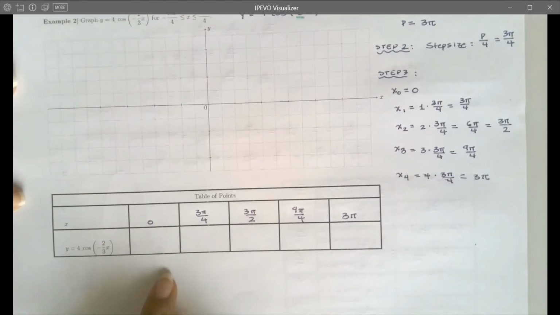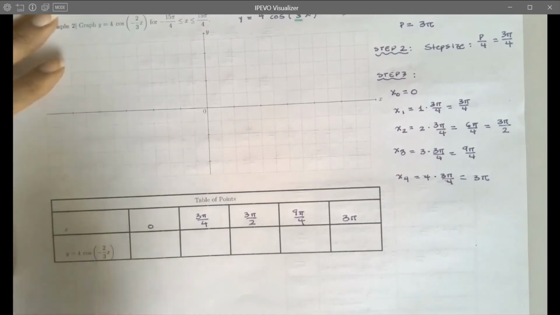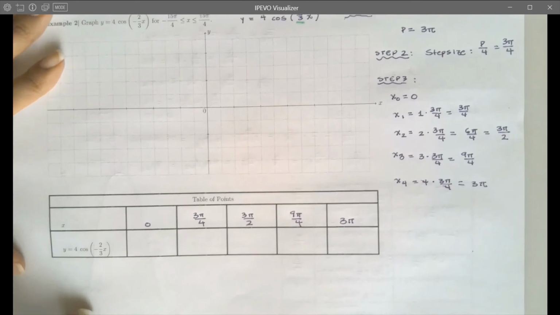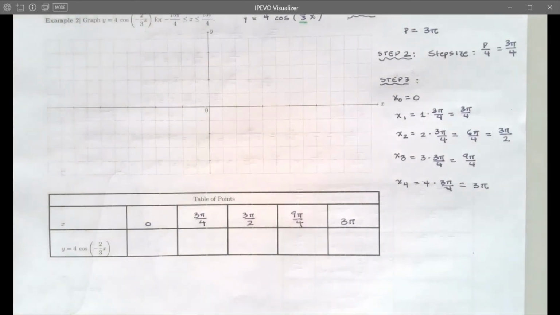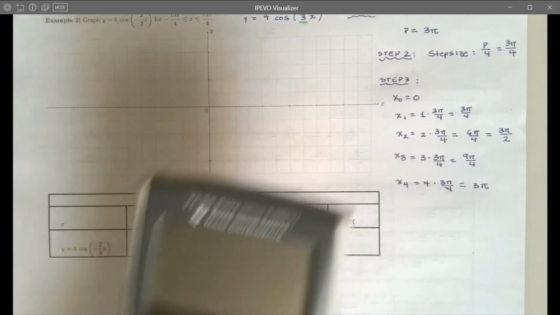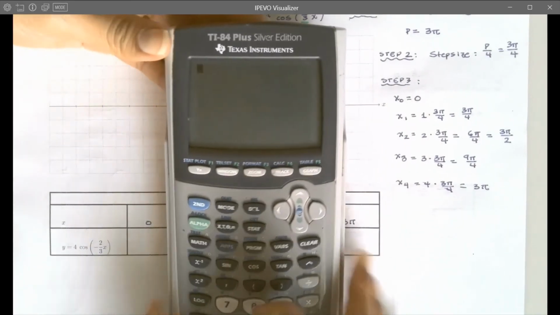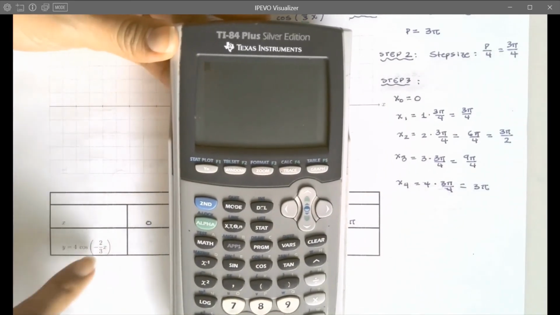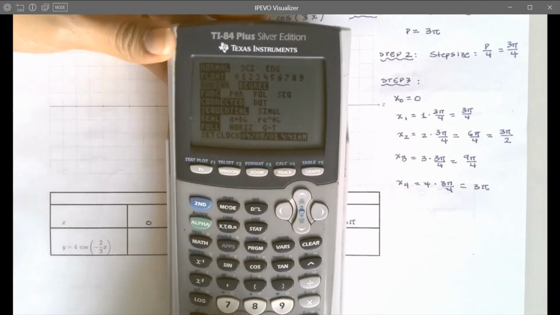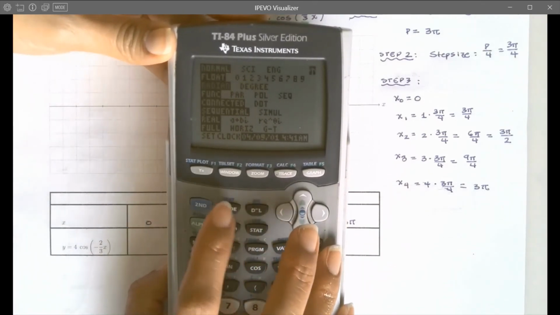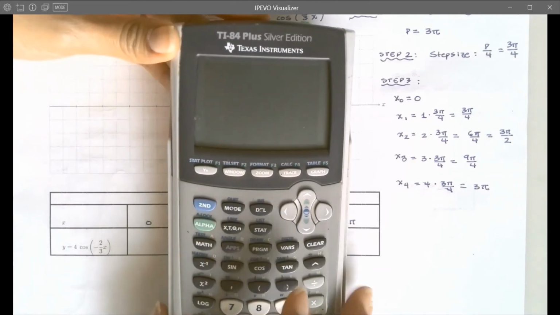And now what we have to do is take those values and plug them into the equation. Just to make our work go a little bit faster, I'm going to rely on my calculator to do this, because that way I can simply go ahead and do second enter and change my x value. First thing I'm going to do is make sure that I switch to radians, and then we can start plugging in.